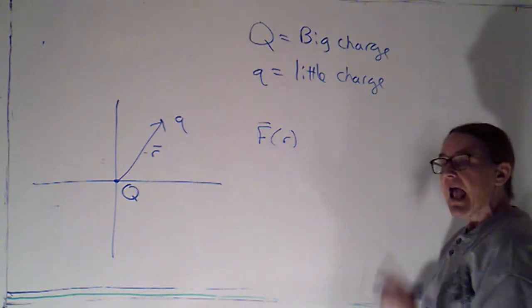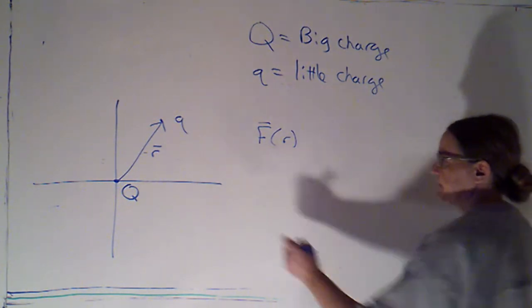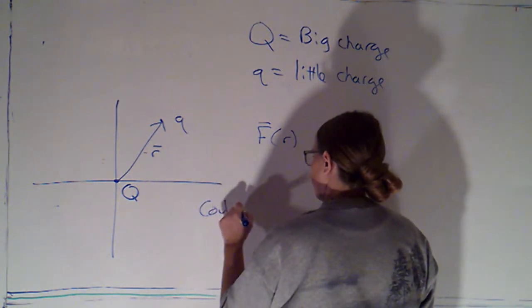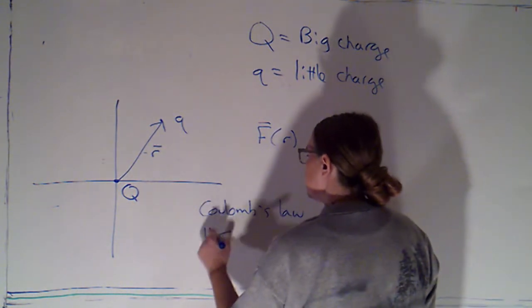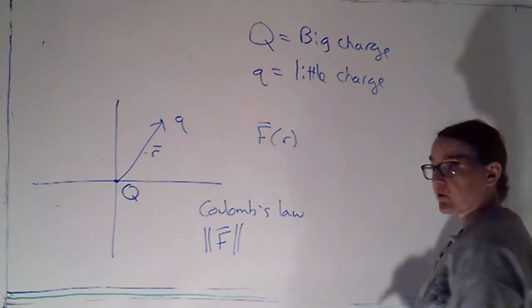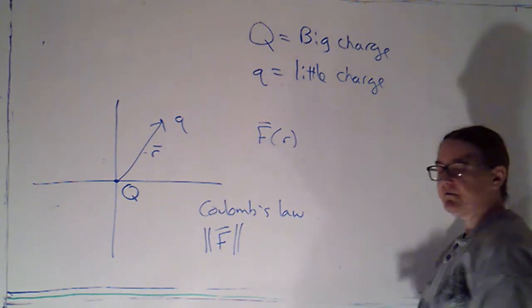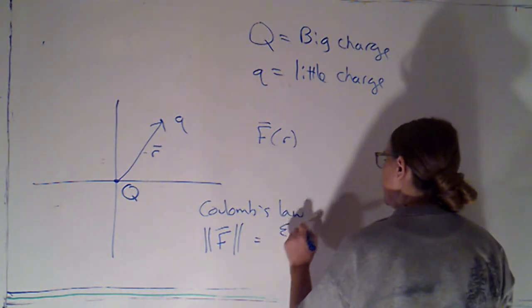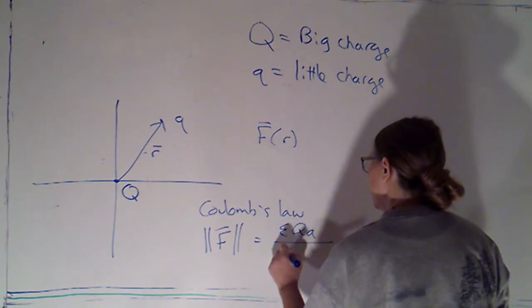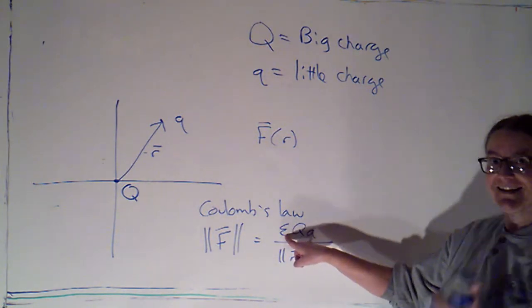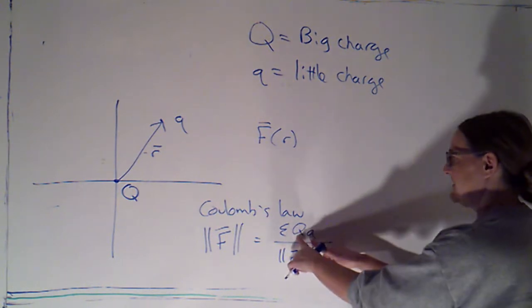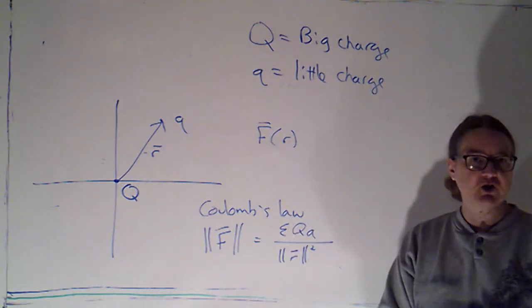Okay. And Coulomb's law tells me that the magnitude of that force is going to be an inverse square field. It's going to be epsilon Qq over the magnitude of r squared, where epsilon is a constant, and then this is the product of the charges.